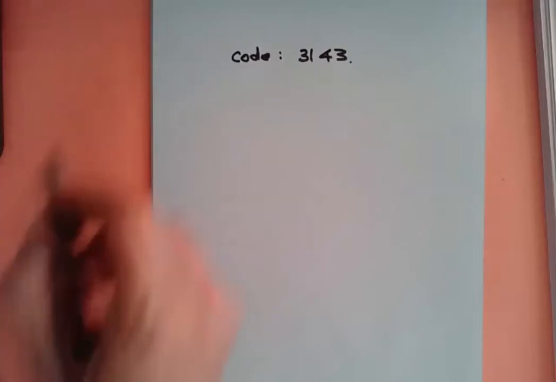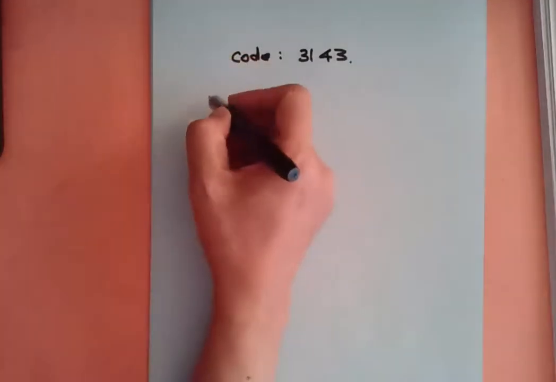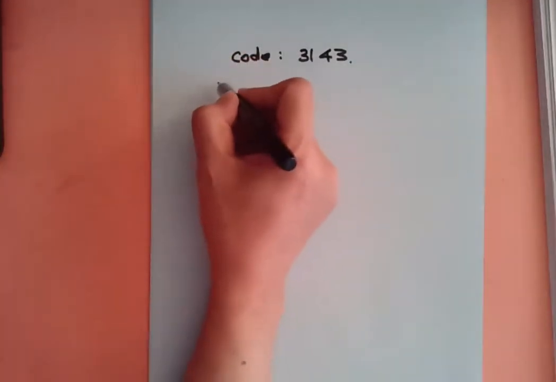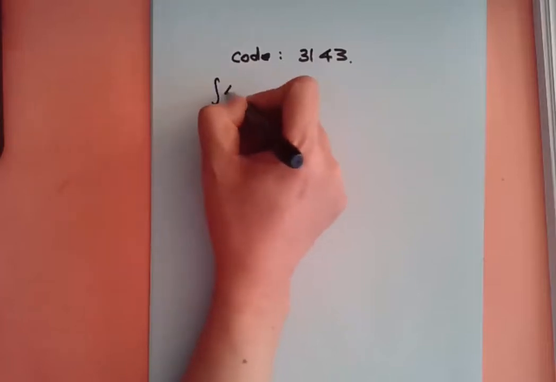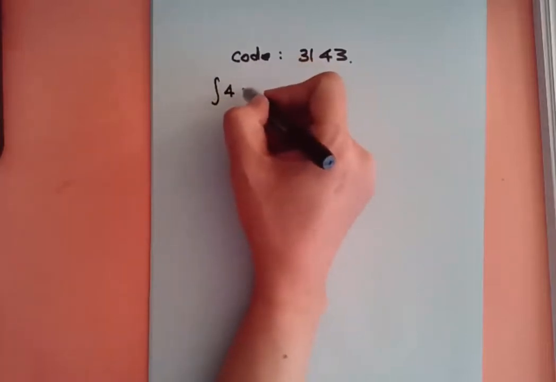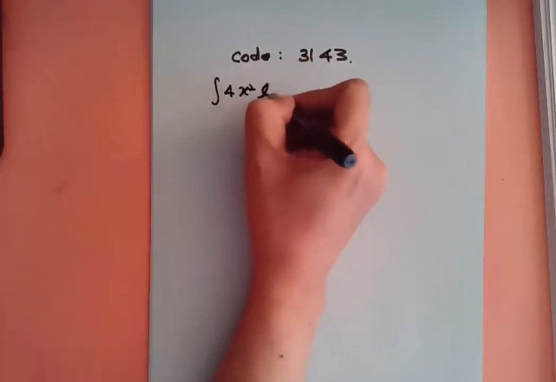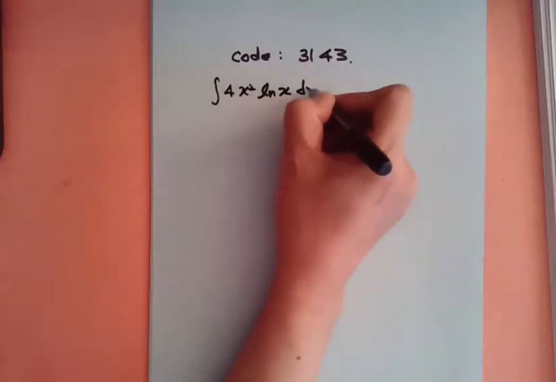And then let's follow through the formula. The given integration is integration 4x squared natural log of x dx.